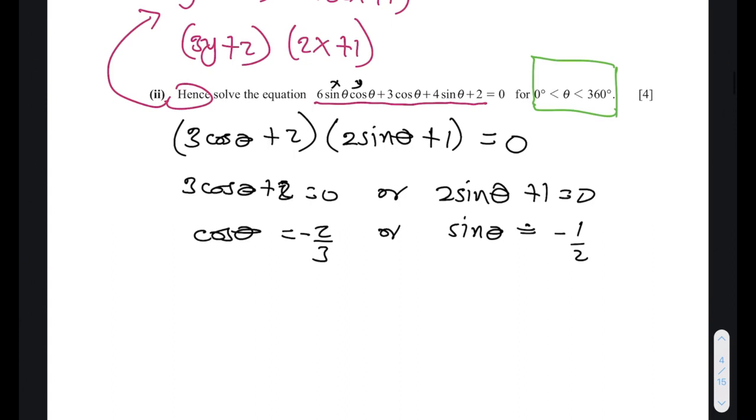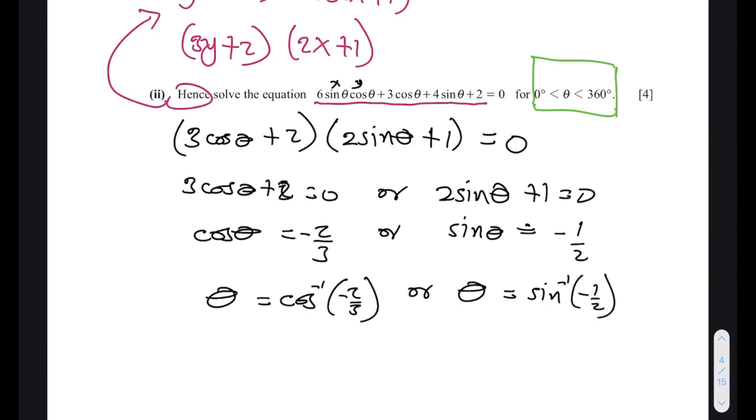Right, good. So that means that theta is equal to cos inverse of negative 2 over 3, or theta is equal to sine inverse of negative half. Make sure your calculator is in degrees. Don't keep it in radians because we are not working in radians.